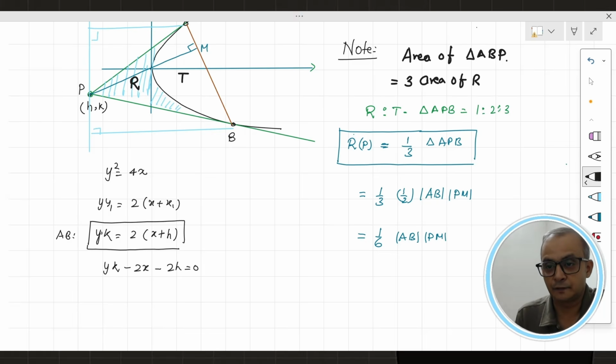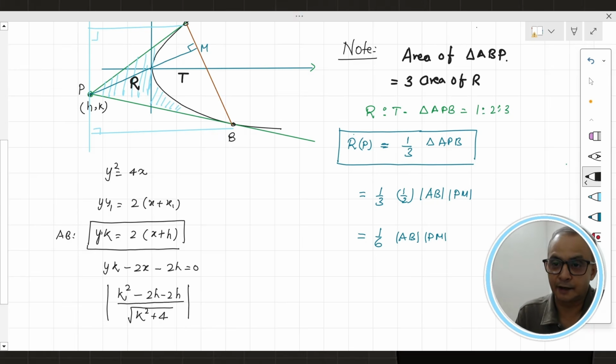So that will give you k squared minus 2h minus 2h divided by square root of k squared plus 4. So this is our length of perpendicular, which is actually the PM. We got the PM also.